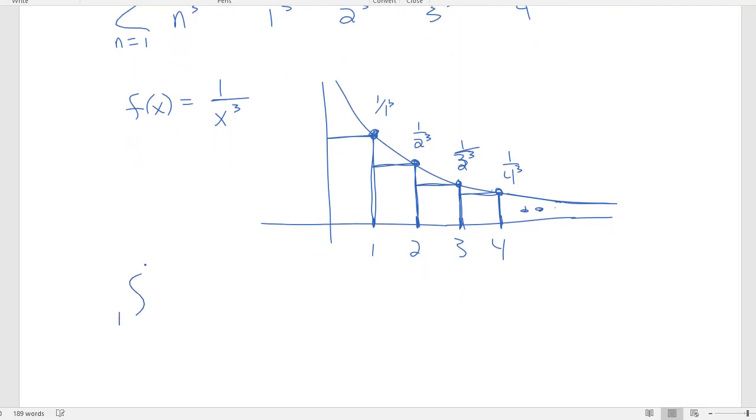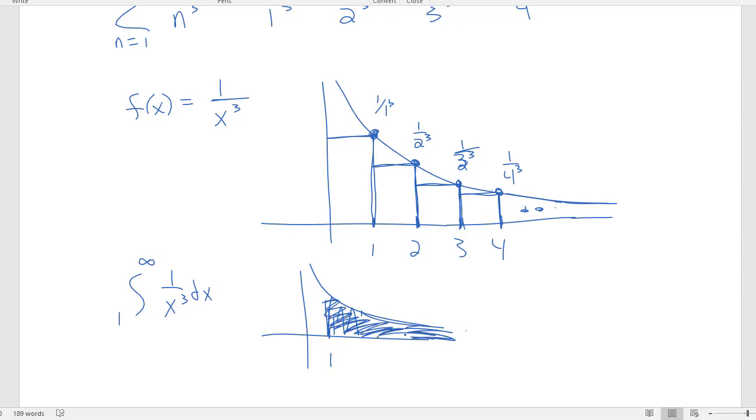So the integral from 1 to infinity was convergent. One way that we visually interpreted that back in the integration chapter was that the area under the curve was finite. So visually, the area under 1 over x cubed from 1 to infinity was a finite area.